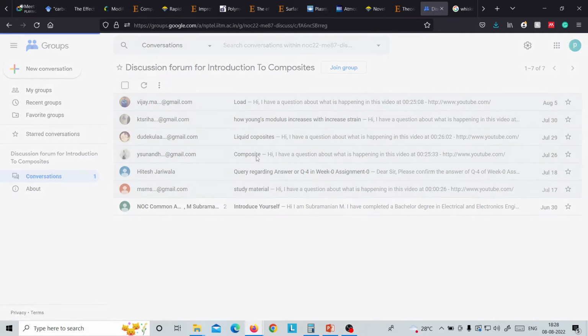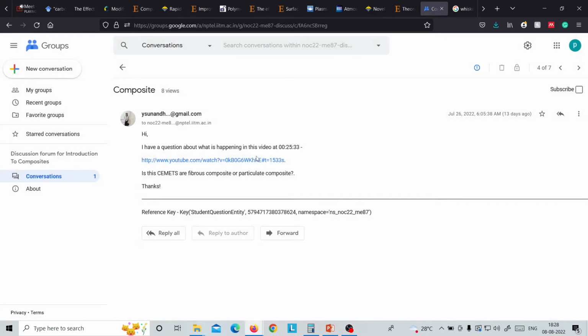Then in this one, he asked whether cement composites are fibrous or particulate. I explained that composites can be of three major categories. One has continuous fibers. One has discontinuous fibers, but their size is comparatively longer, around 10 centimeter, 13 centimeter, even 3 centimeter, 2 centimeter, but fiber length would be there.